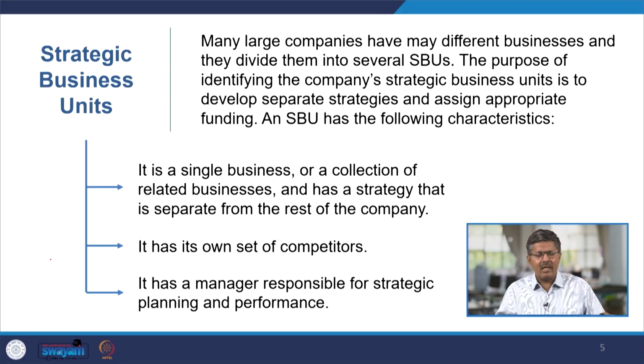So, let us begin the class and first understand what a strategic business unit is. The word strategy is connected with this. So, we have to understand what an SBU, or strategic business unit, is. Now, many companies have different businesses. For example, Unilever has several different businesses, such as beverages, cleaning, detergents, and cosmetics.